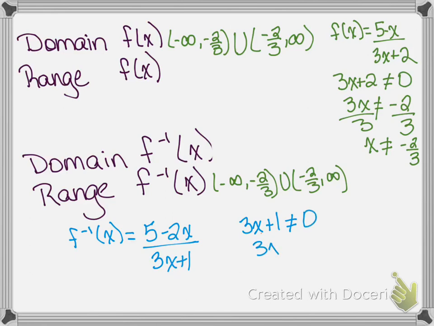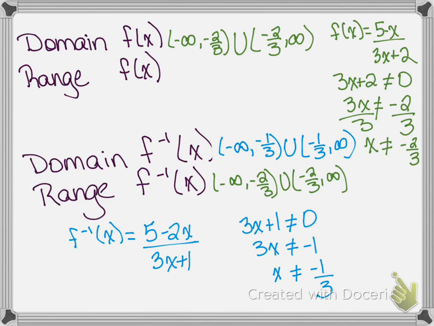So 3x equals negative 1, x equals negative 1 over 3. So now I've got negative infinity to negative 1/3 union negative 1/3 to positive infinity. My domain of my inverse is what to my original function? Range. The domain of the inverse is the range of the original function.